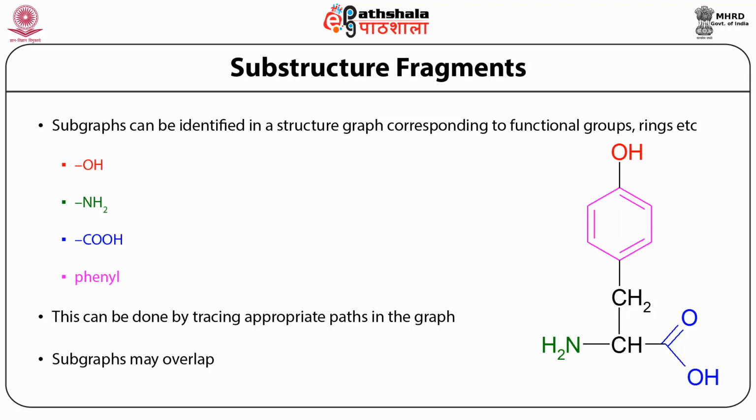And we can overlap the subgraphs in another substructure fragment. Most importantly, they need not be connected features. So, to compare two chemical structures, you can use not-connected graphs as substructure or fragment comparison.